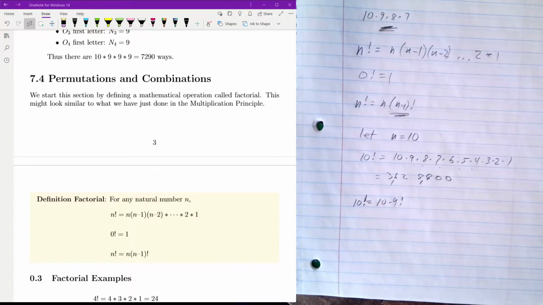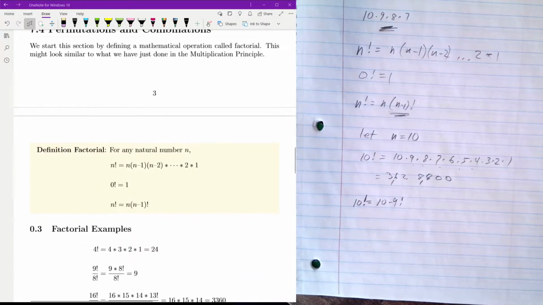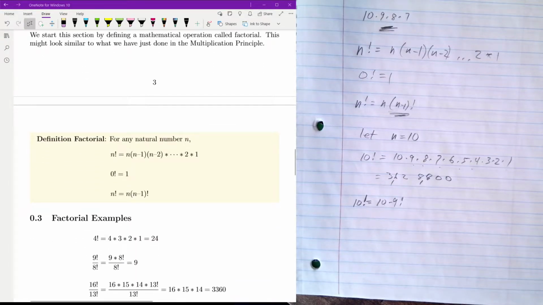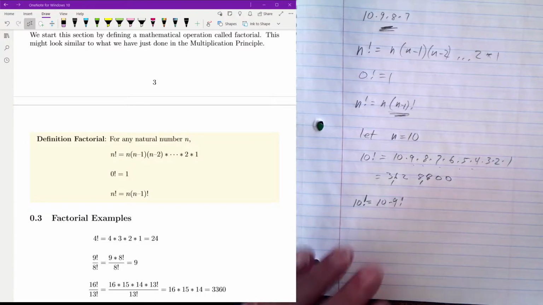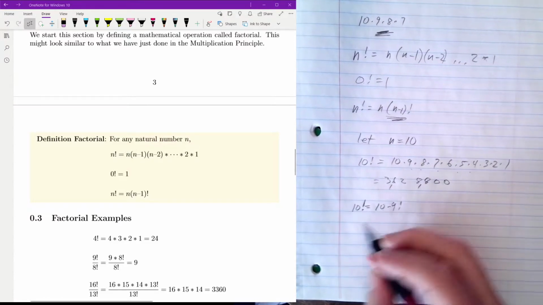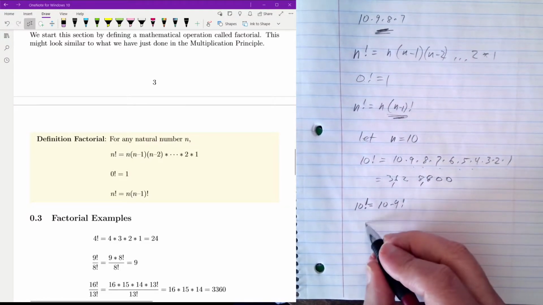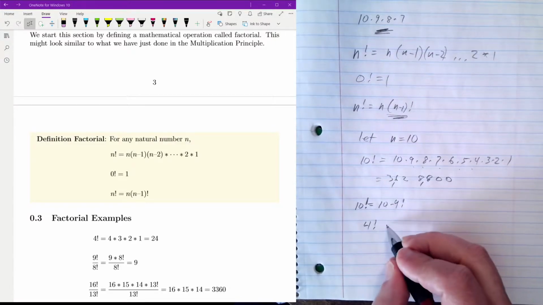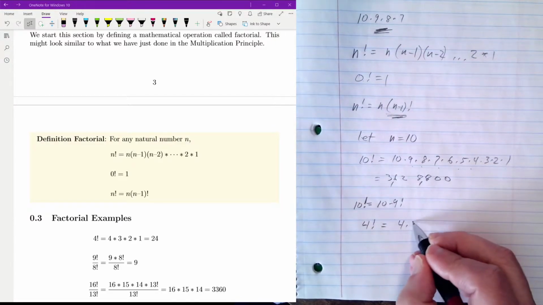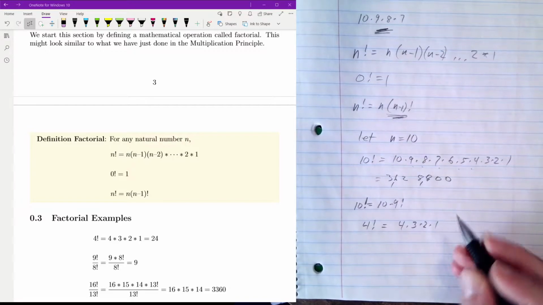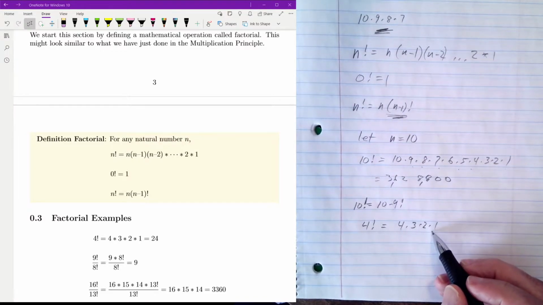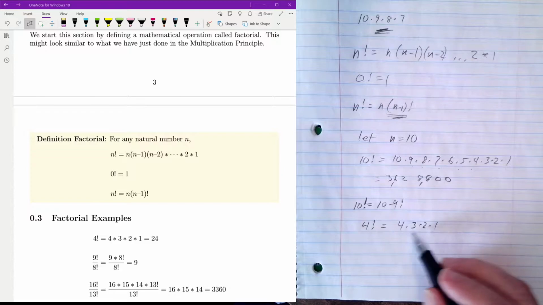And we'll do some examples. For the most part, these are pretty straightforward, but some of the division stuff gets interesting, okay? And here's why we say this. So 4 factorial is equal to 4 times 3 times 2 times 1. Now, typically, I'm going to omit the 1, basically because it's just the same.